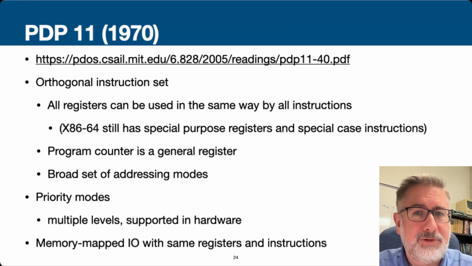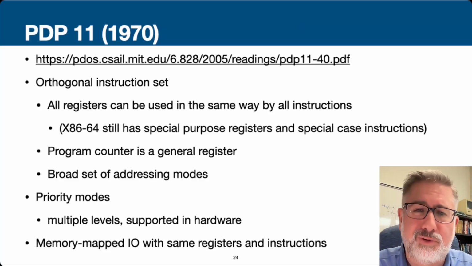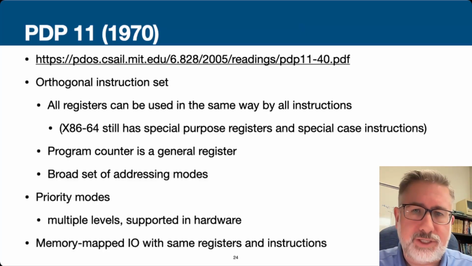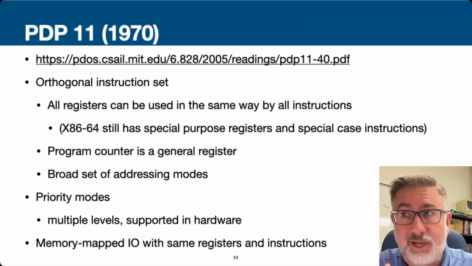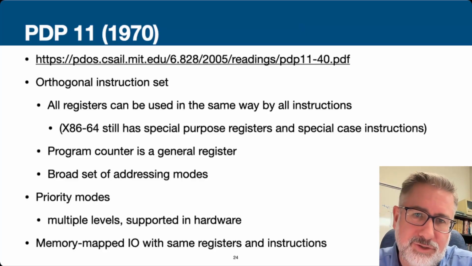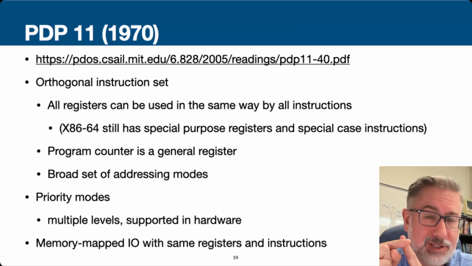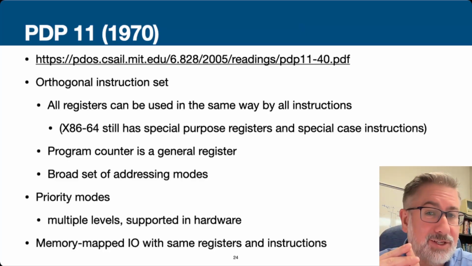It also implemented a broad set of addressing modes, and this is a thing that today is a little bit of a difference of opinion as well. It gave you lots of different things you could do with addressing modes, which is to say, how do you find the information you're interested in? Either it's in the instruction itself, right, immediate addressing, or it is in memory in a location specified by an instruction.